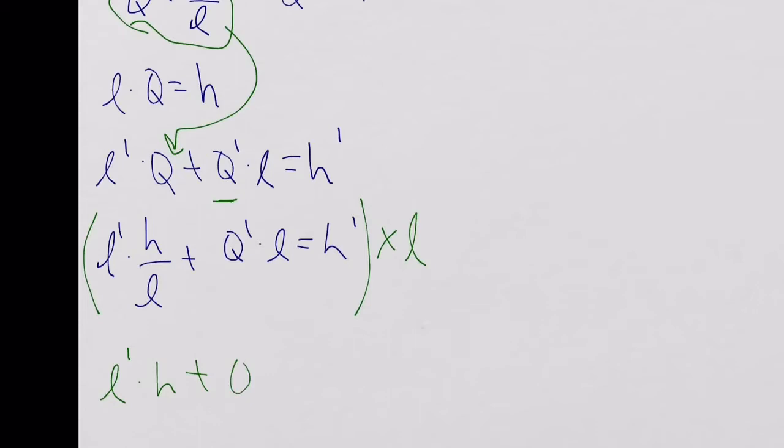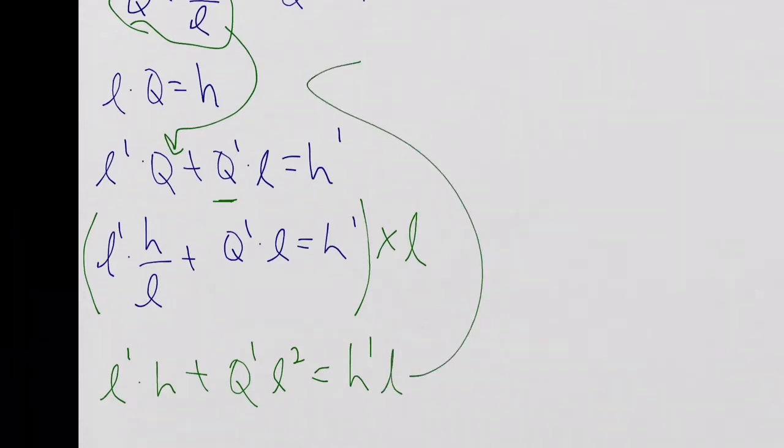Plus Q prime here, I get an L times an L, so I get L squared, equals H prime. That guy gets multiplied by an L. So I'm going to bring it up here, and that gives me something which has all L's and H's, and a Q prime.